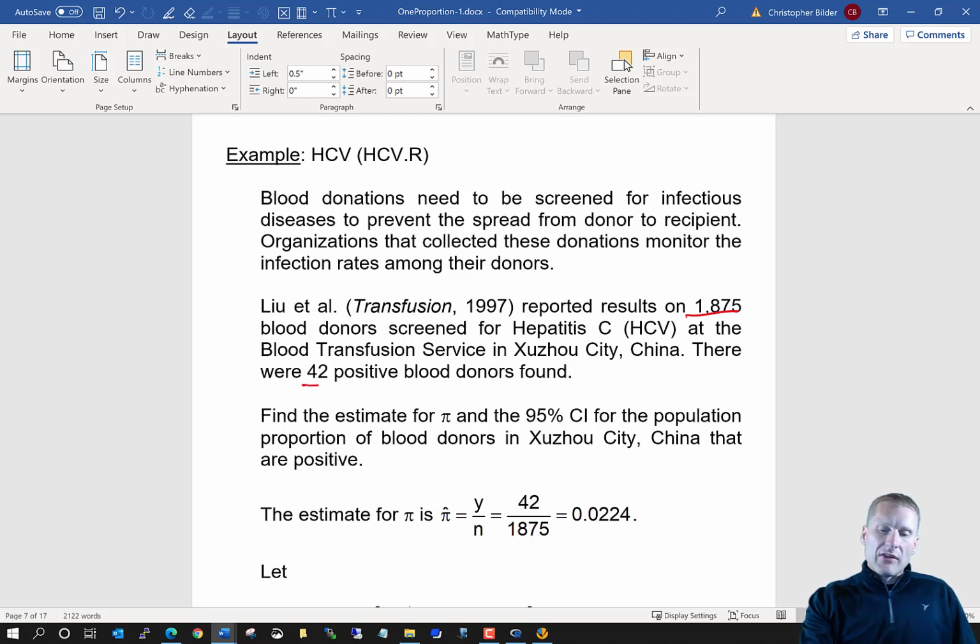And they tested all the blood specimens for hepatitis C. And what they found was that 42 of them were positive. So based upon this information, let's estimate what that prevalence would be. Let's perform some inferences. So we're going to do 95% confidence intervals. 42 out of 1,875 people had hepatitis C, so the overall estimated prevalence is 0.0224.